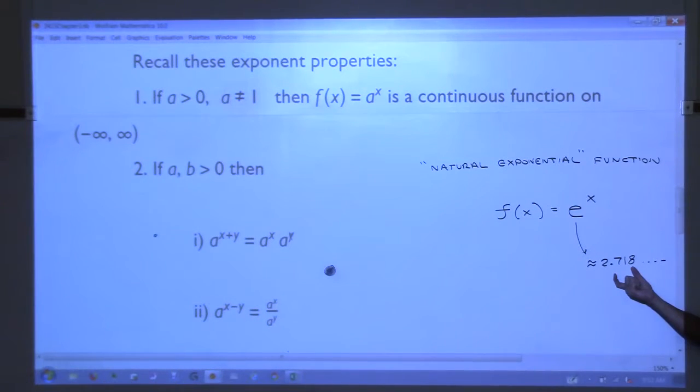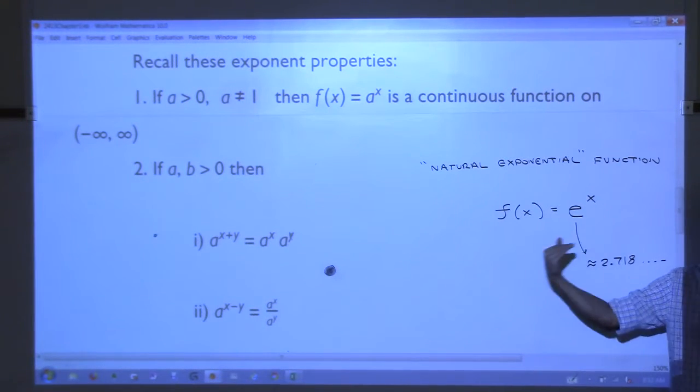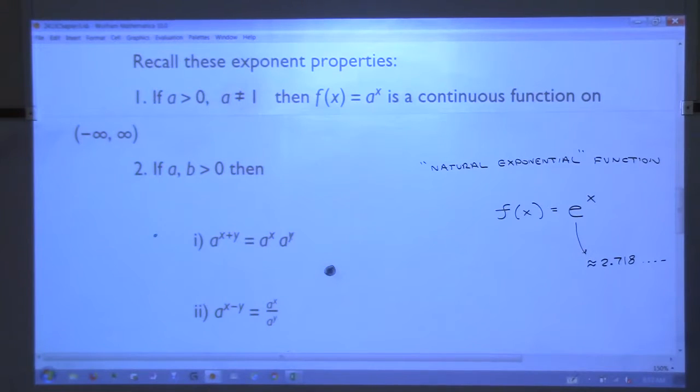It's a non-repeating, non-terminating decimal. It's an irrational number, just like the number pi. There's no pattern to it. That very special number raised to the x is positive and bigger than 1, so this should be some sort of exponential growth. We will talk about what's so special about that natural exponential function. I know you saw that in college algebra, and we never really explained why that's so special, but we'll talk about it today.